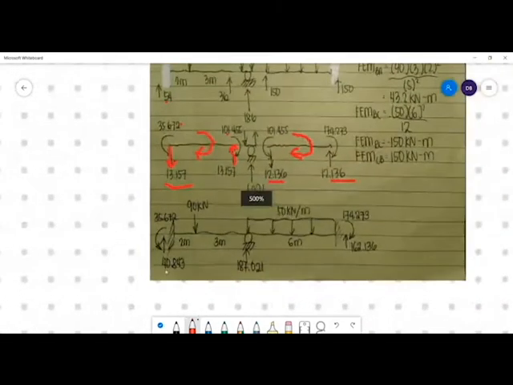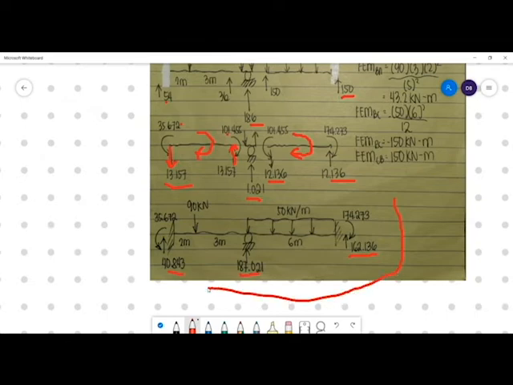So 54 minus 13.157 is equal to 40.843. 186 plus 1.021 is 187.021. 150 plus 12.136 is 162.136. And we have the respective moments here. This is now our reactions. Okay?